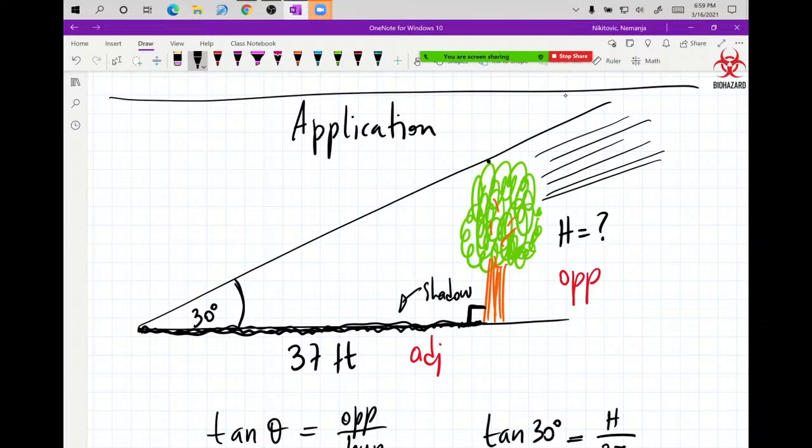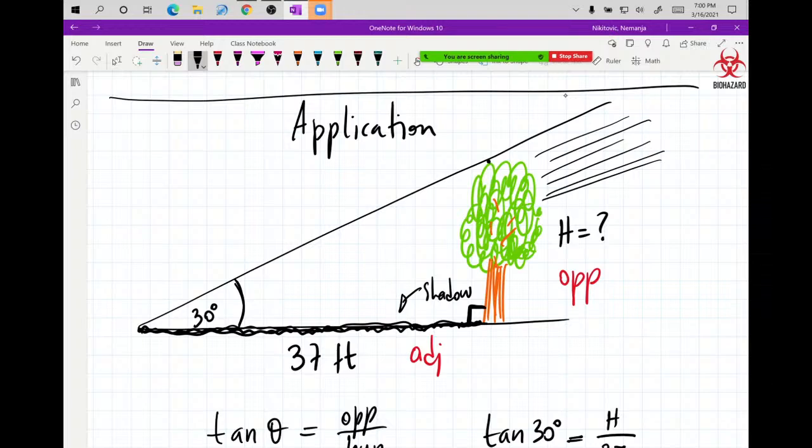Now, there is another type where you can set up the proportion, in which case you don't actually need to have the angle, because you will be using trigonometry to set up two triangles, but you have to use, let's say, your own height and the shadow that you will cast.